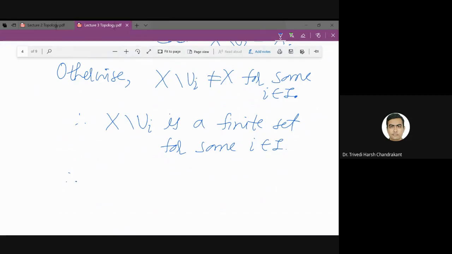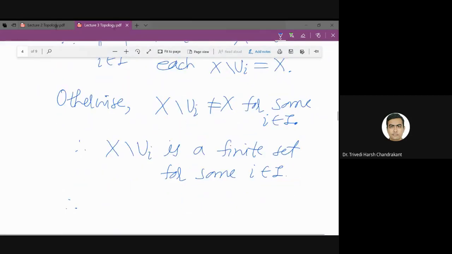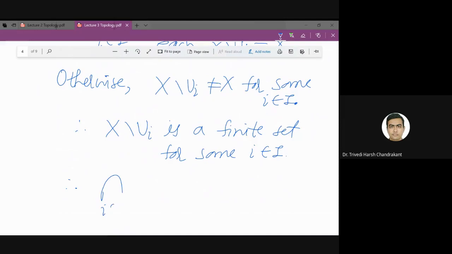We know that the intersection is contained in every set. So the intersection over i in I of X minus ui is a subset of this particular one. If you are confused, you can write j for some j, because this is a fixed j. This is a fixed i0 or j0 you can use.